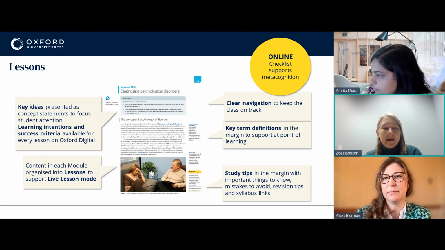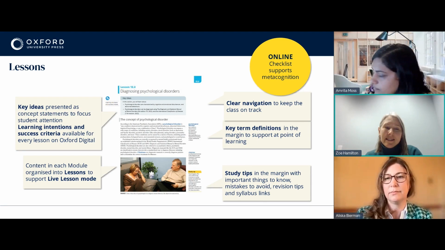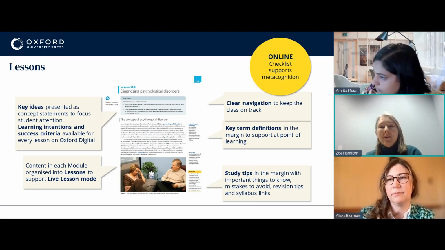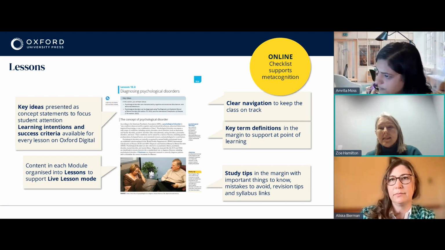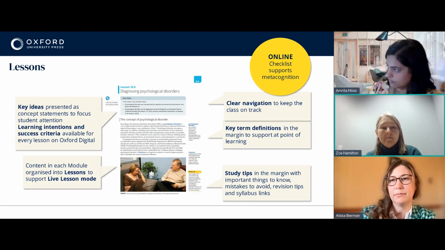We've got the usual features there. We've got modules organised into lessons, which will support part of our digital features. And online we have checklists, and these are supporting student metacognition, and they include all the success criteria for each chapter for all the lessons combined.